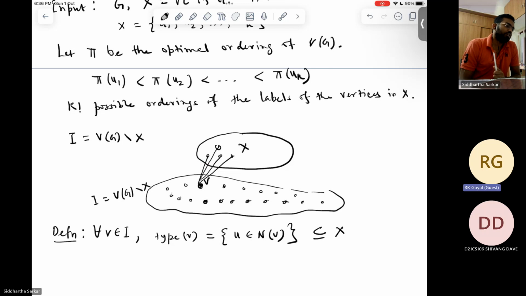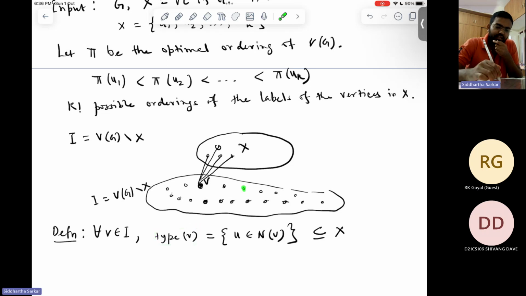Here we are defining this type for all the vertices of the set I, and whatever we get would definitely be a subset of the set X. For every individual vertex, we have defined its type.